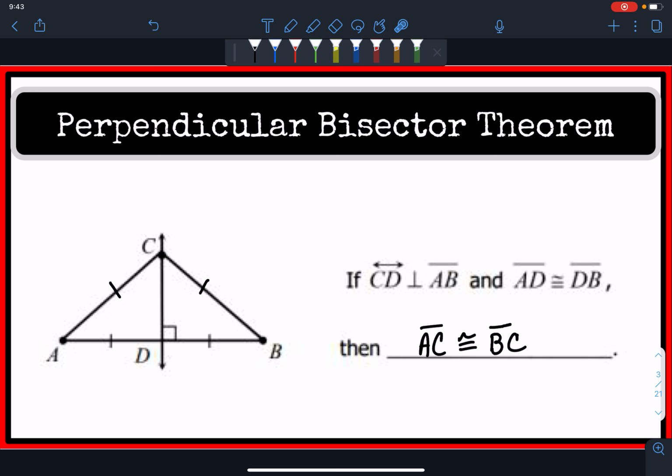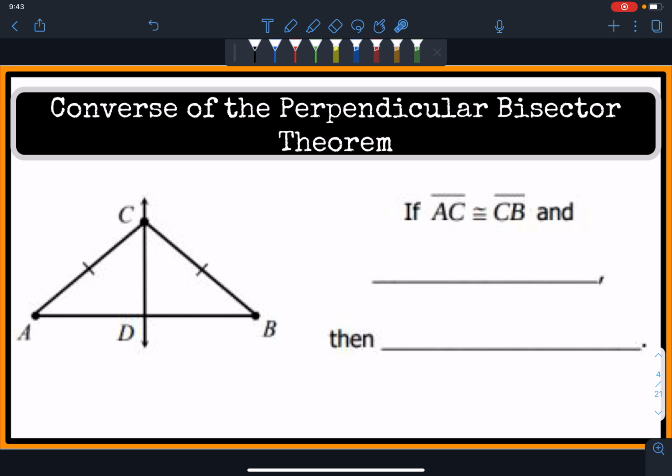And again, it works backwards. The converse of the perpendicular bisector theorem states that if we have these two congruent sides, AC is congruent to CB, and this vertical line intersects this segment at 90 degrees, so CD is perpendicular to AB, then that implies that these two segments are congruent.